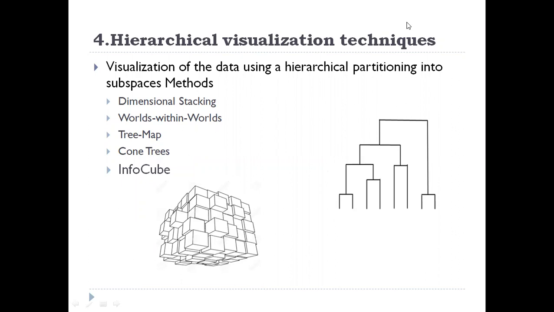In hierarchical visualization, you can represent the data in a hierarchical manner. It is the visualization of the data using hierarchical partitioning into subspaces. Here the methods are dimensional stacking, worlds within worlds, tree map, cone trees, and information cubes. These are the different representations under hierarchical visualization.